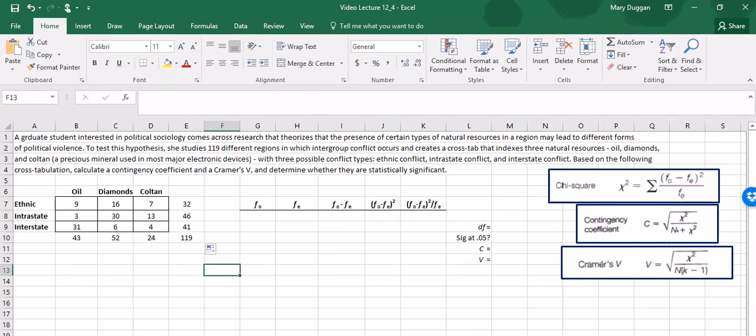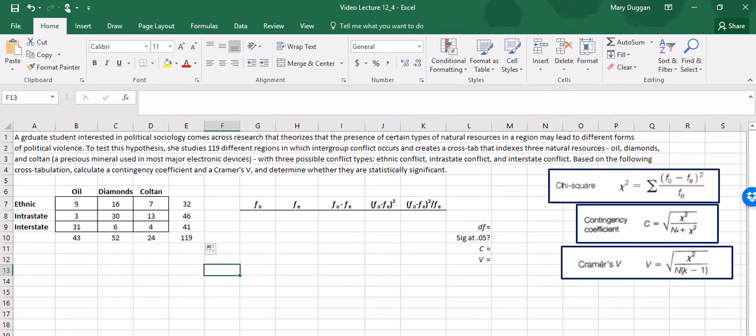To test this hypothesis, she studies 119 different regions in which intergroup conflict occurs and creates a crosstab that indexes 3 natural resources: oil, diamonds, and coltan, which is a precious mineral used in most major electronic devices, with 3 possible conflict types: ethnic conflict, intrastate conflict, and interstate conflict. Based on the following cross-tabulation, calculate a contingency coefficient and Cramer's V and determine whether they are statistically significant.